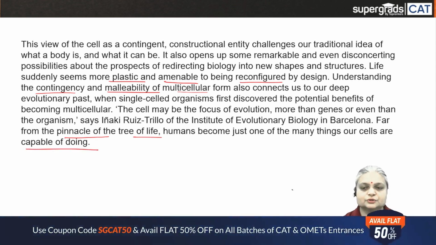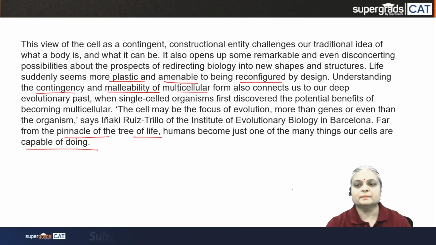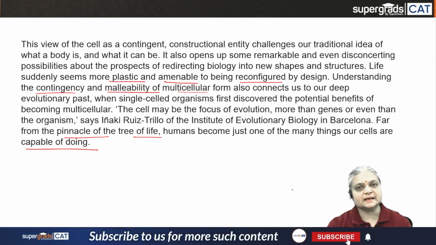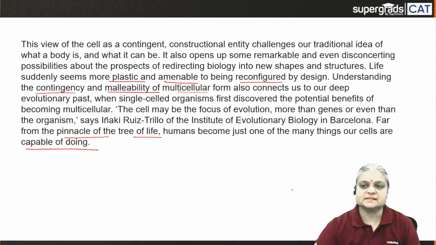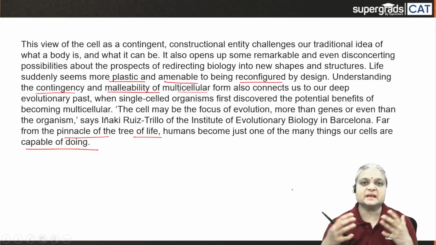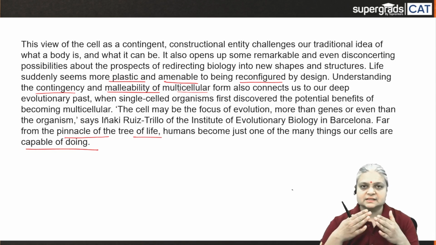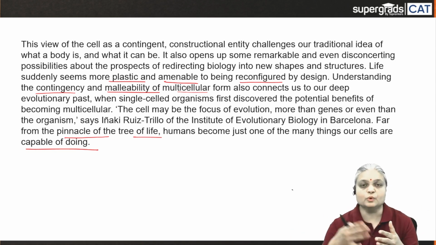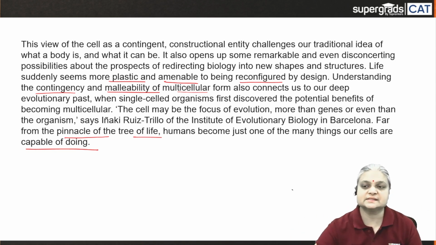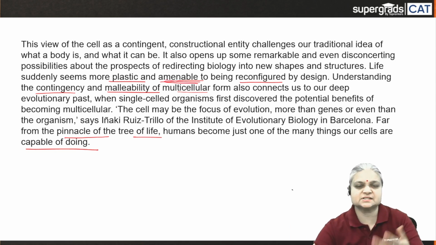So, basically, what is this passage about? This passage is about redirecting biology into new shapes and structures, the possibilities which are there, which make our life more plastic. Plastic means stretchable, flexible, moldable, isn't it? The same is the meaning of amenable. Amenable is becoming flexible, adjusting accordingly.